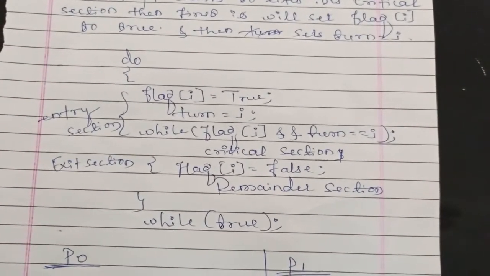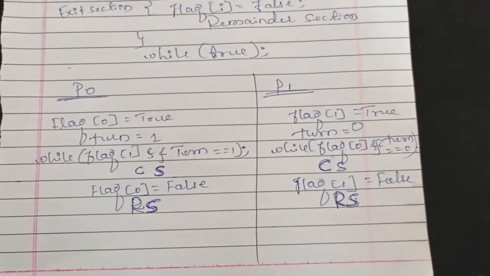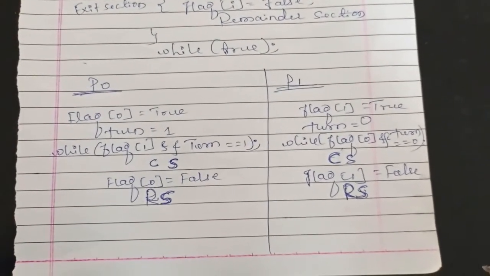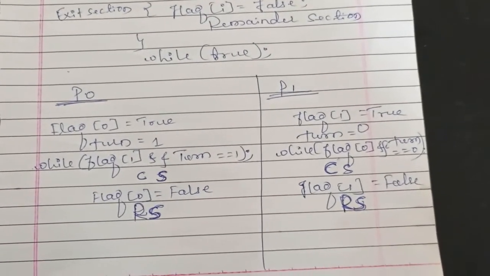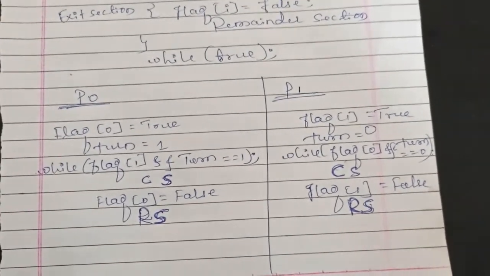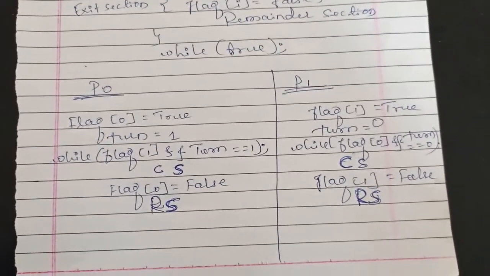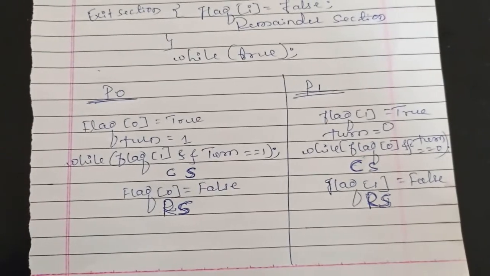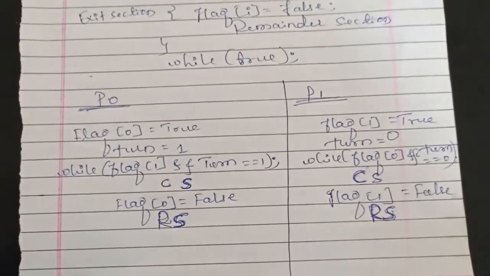If I take the two processes as P0 and P1, the two processes are going to execute in their critical sections. As I told, we have to set the turn value and the flag value. If a particular process wants to enter its critical section, its flag should be true.